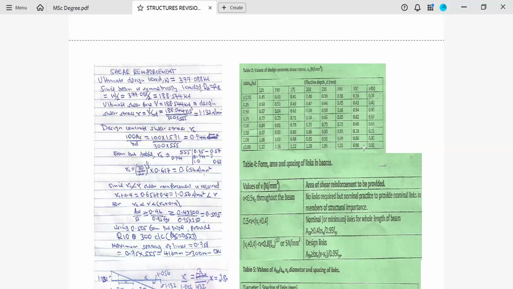Now, in this case, we are given the formula. Now, remember this formula, which is ASV greater or equal to 0.4 BSV over 0.95 FYV.